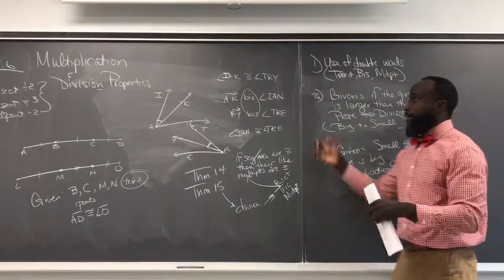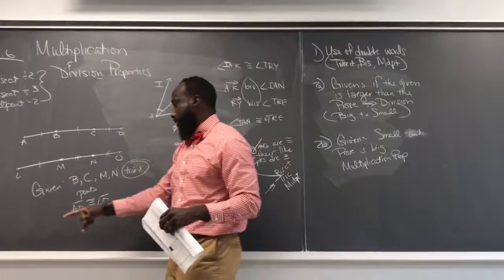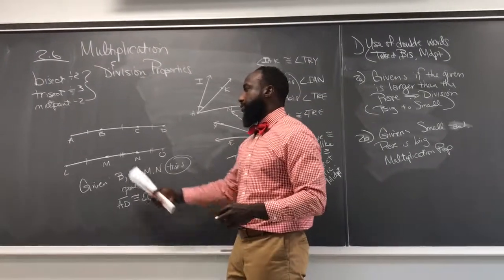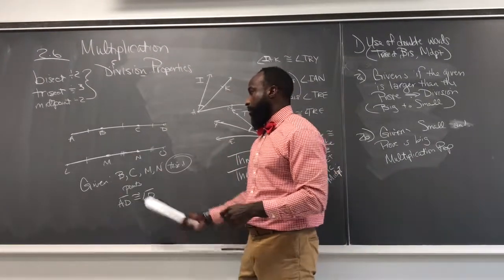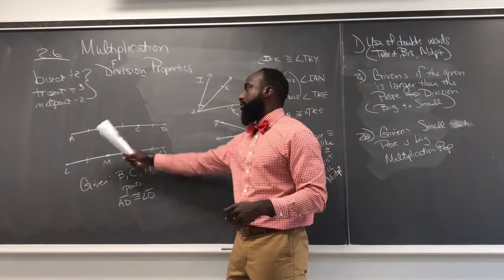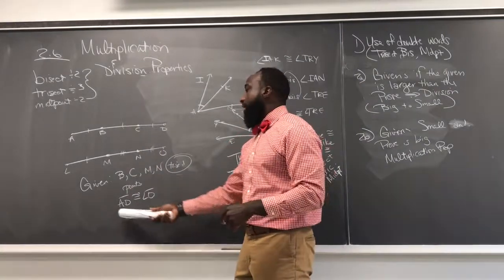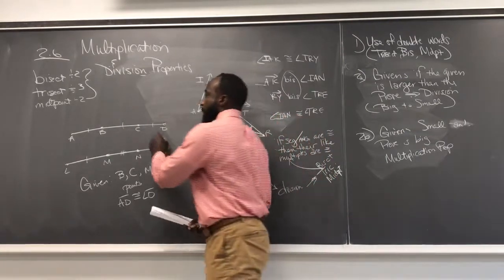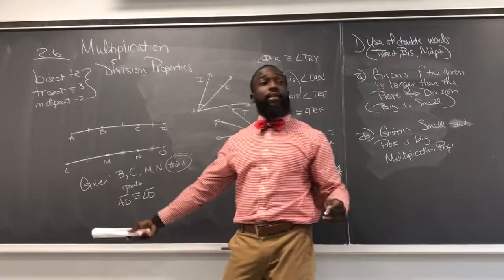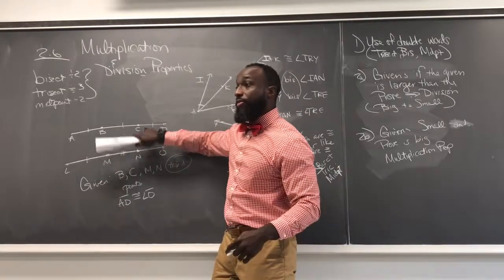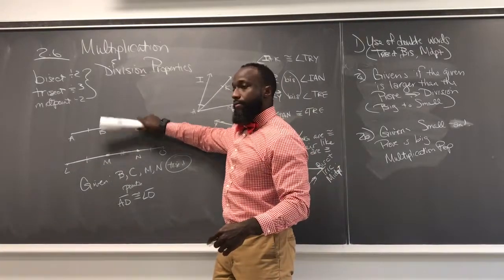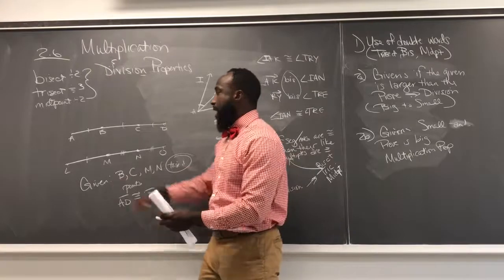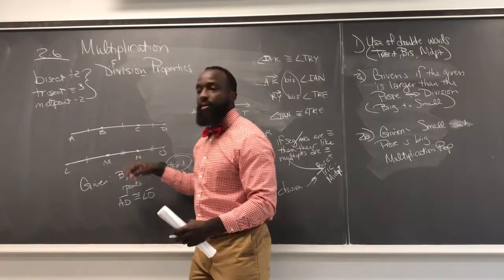All right, so let's go back here, right? In this particular situation, in our givens, this was trisected, right? You had two pairs of trisecting points. And then it said AD is congruent to LO. AD is congruent to LO. This is in a given, right? This is an example of the big part, right? And then you have to prove that BC and MN are congruent.